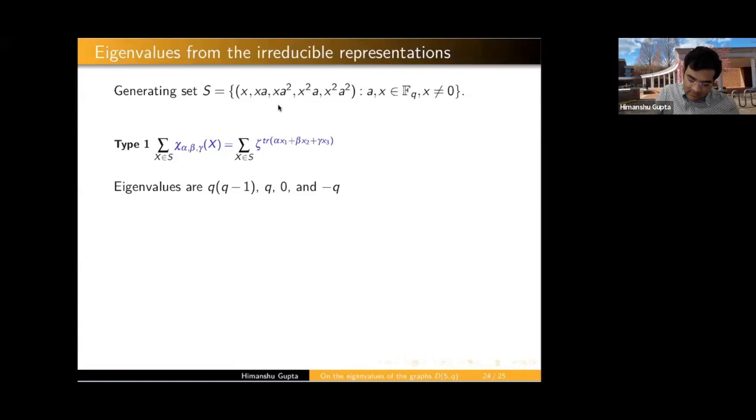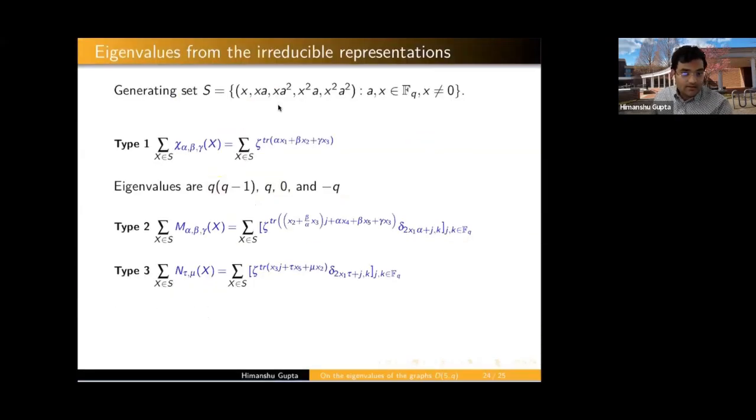Those eigenvalues are the distinct ones, with some multiplicities of course: q times q minus 1, q, 0, and minus q. This is the trivial one, and we want to show that the non-trivial ones are at most 3q, and that's exactly true in this case.